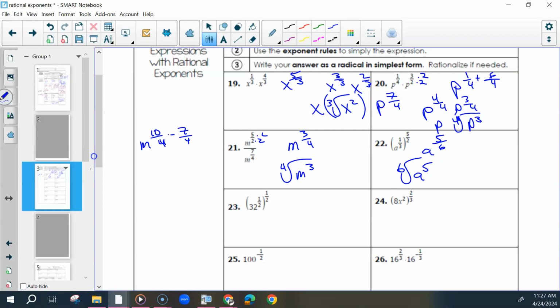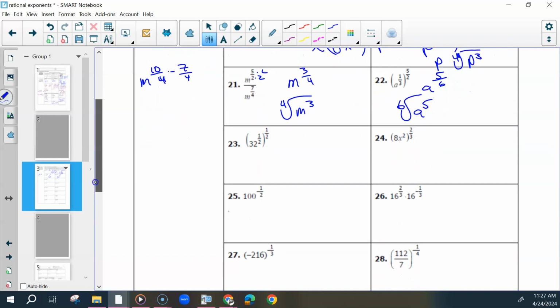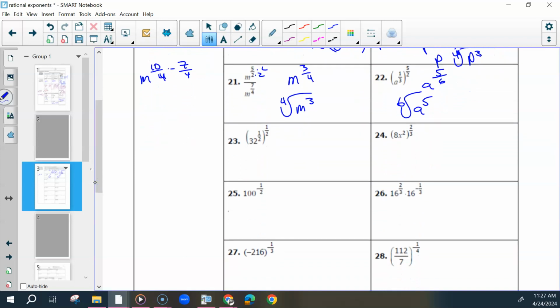We're going to do that same thing with 23, but we have numbers, so we may have to simplify at the end. So we have 32 to what power? 1/4. And if I wrote that in radical form, that would be the 4th root of 32.